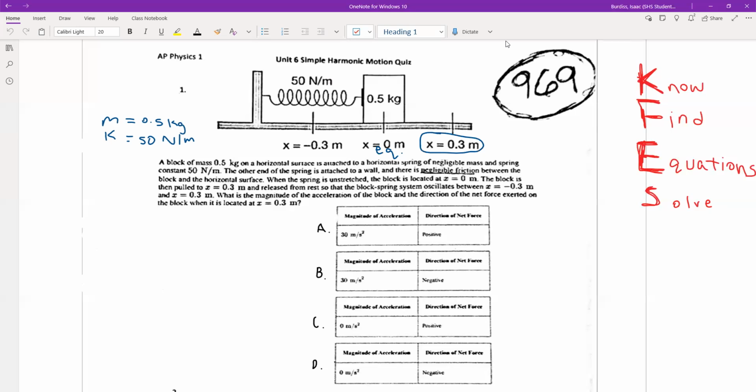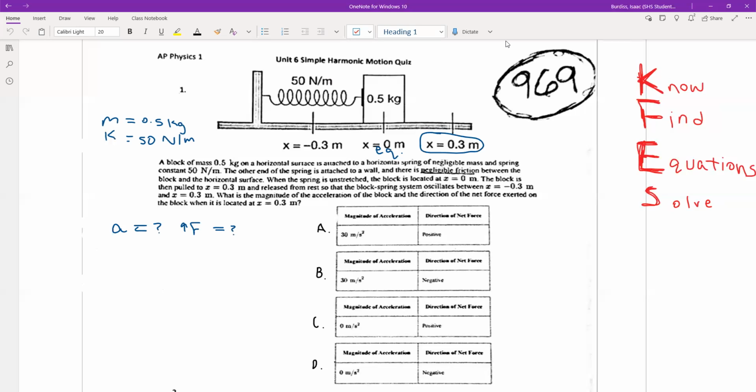So we already did the first step, what you know. Now what are you supposed to find? It said acceleration, magnitude specifically, and direction of the net force. I guess we could just write an arrow to say direction. So now we need to figure out what equations we can use.